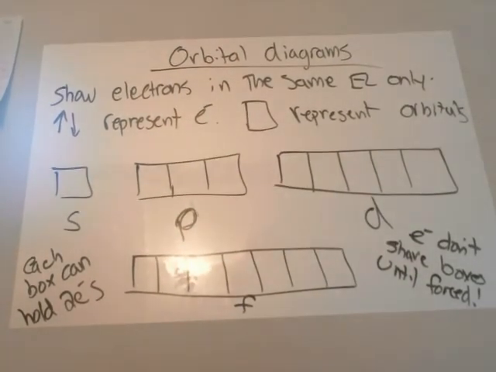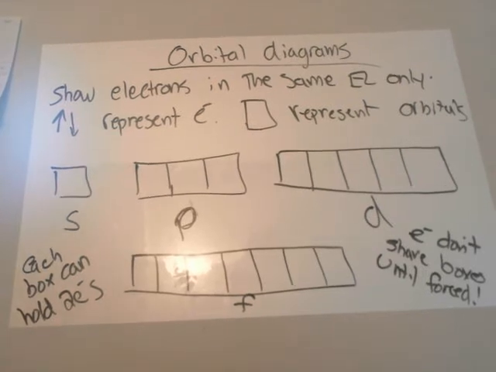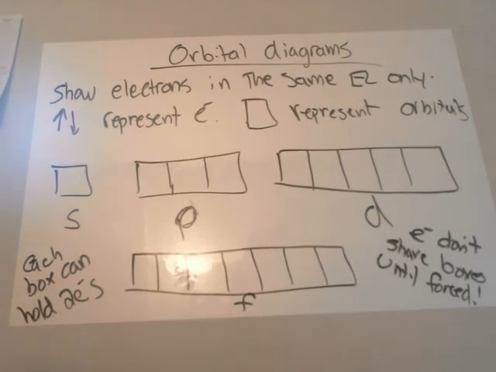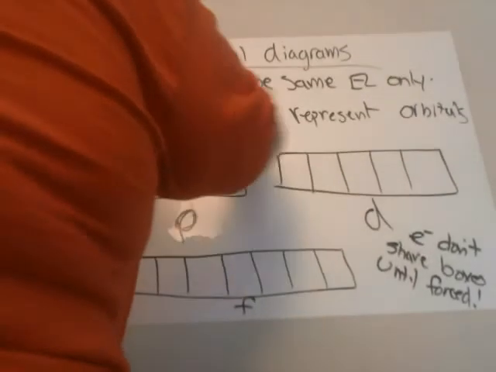So each box can hold up to 2 electrons, and electrons don't share boxes until they're forced, until they have no other option. So let's look at the orbital diagram for iron, since I used iron for its electron arrangement. So erase all this.